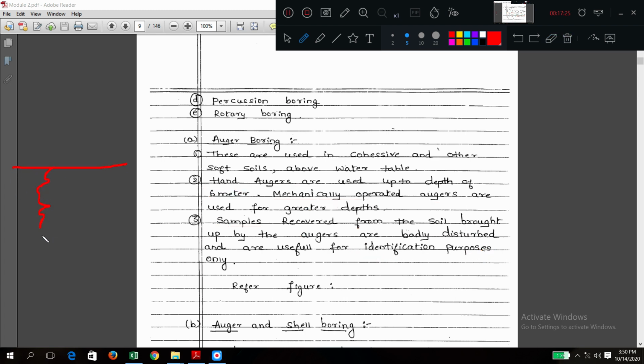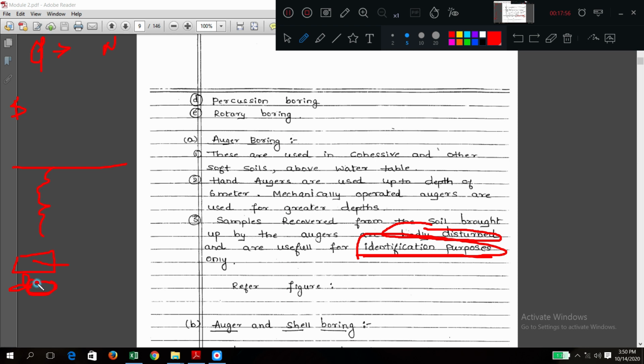Whatever sample you get from the earth, it is either in a natural condition or in a disturbed condition. Open excavation gives a directly natural condition, whereas boring methods always give a badly disturbed condition, which we can use only for identification.